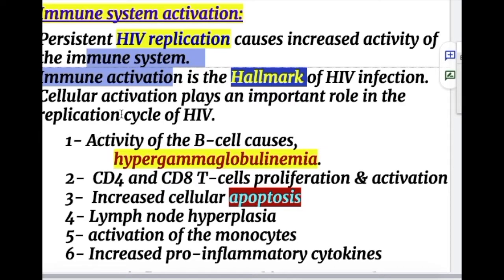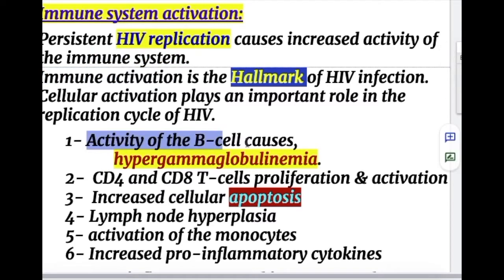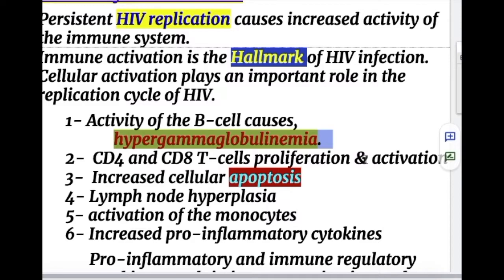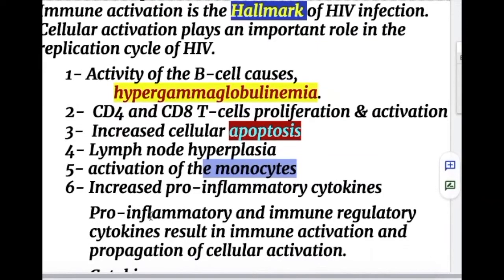And what happens in the persistent activation of the immune system? Number one, activity of the B cell causes hypergammaglobulinemia. Number two, CD4 and CD8 cell proliferation and activation with increased cellular apoptosis. And there is lymph node hyperplasia and activation of the monocytes, with increased pro-inflammatory cytokines.